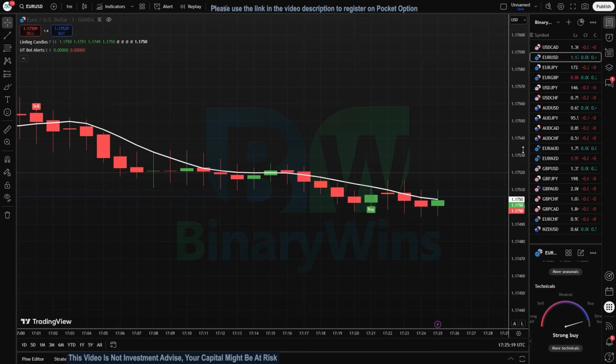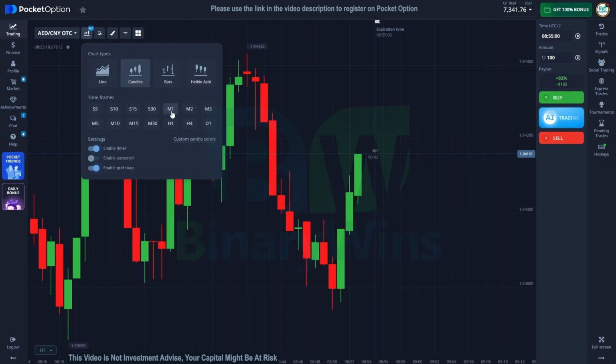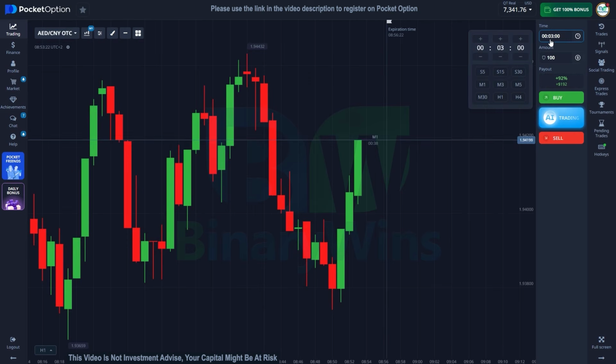Okay. I'm going to open the Pocket Option and look for some signals to trade. I set the time of the candles to 1 minute and the time of the trade to 3 minutes.